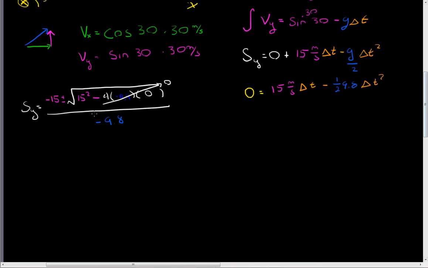Remember, since we're solving for change in time, it is going to need to be positive. So we're going to take the positive value of whatever we get here with the plus or minus. The square root of 15 squared is just 15, so 15 all over negative 9.8.